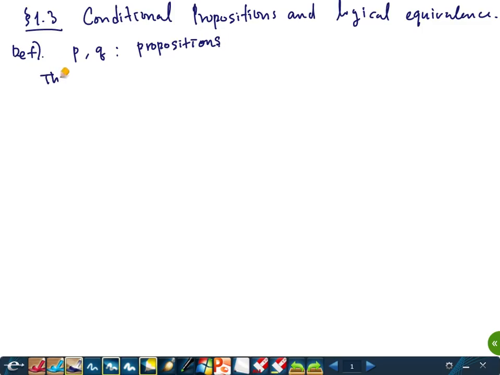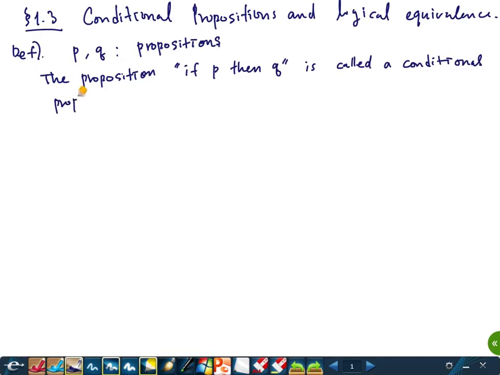The proposition "if P then Q" is called a conditional proposition, and it is denoted by P → Q. This is the notation for this proposition.